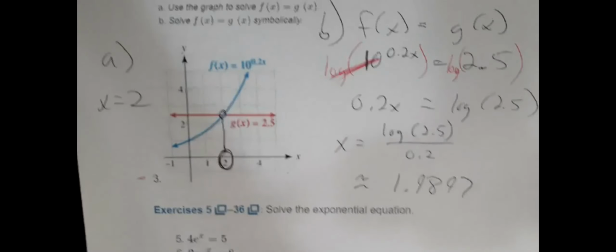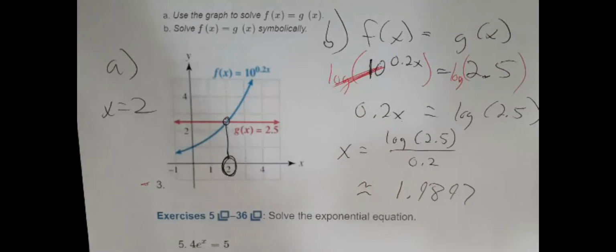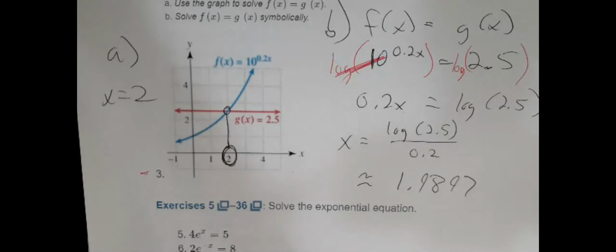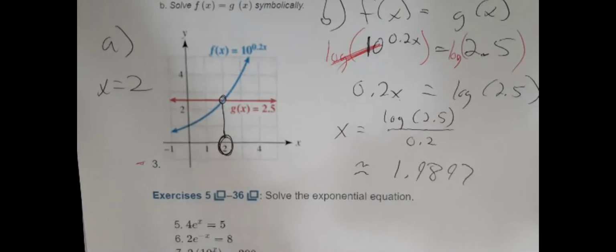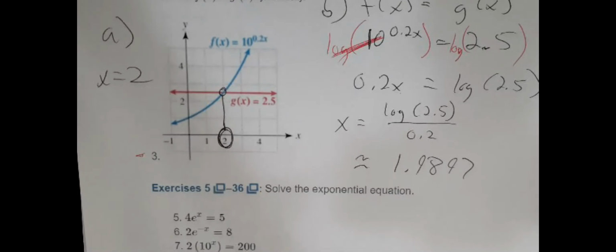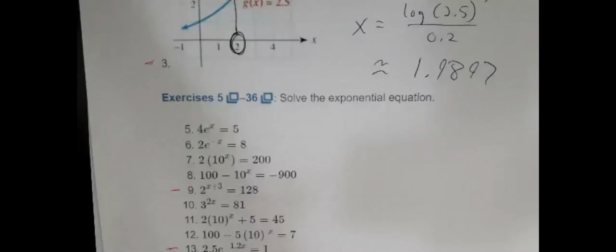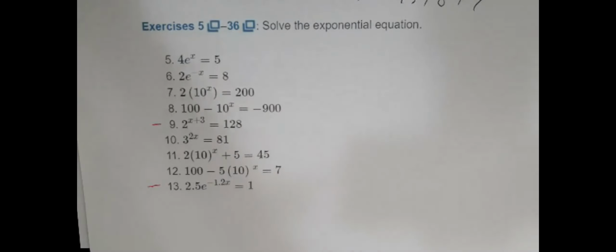Yeah, but I was just thinking in realistic applications of this. If you're talking about 2 years versus 1.9897 years, that's not going to be a whole lot. Unless you're talking about brain surgery or rocket science. Like I said, it kind of depends what you're applying it to.